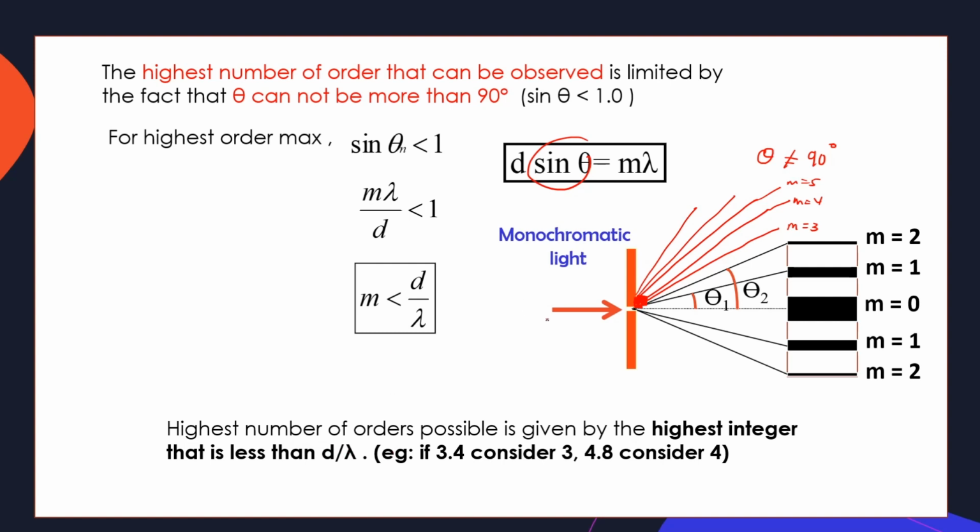If we do our experiment, the number of order that we can observe on the screen depends on lambda and also depends on d, where d is the grating spacing, where d is equal to 1 over N.